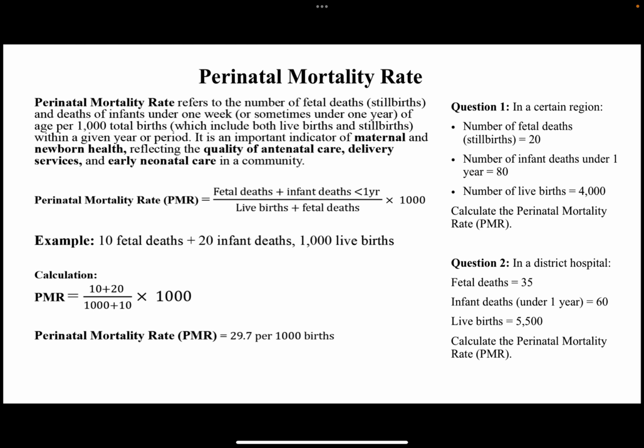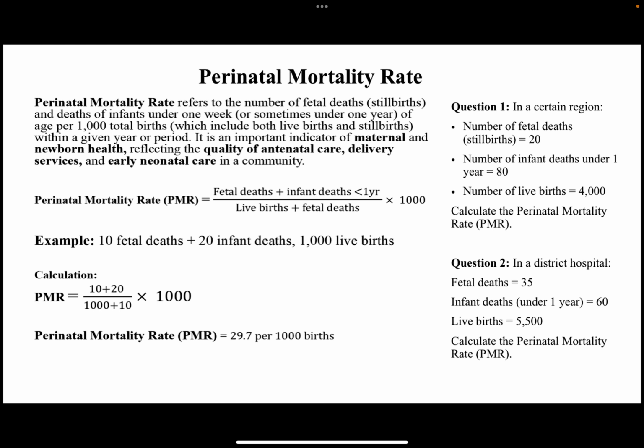In a district, fetal death is 35 and infant death is 60. What's the formula? So the numerator is going to be 35 plus 60, which is 95. Now let's do the denominator. The denominator is live birth plus fetal death. Live birth is 5,500 plus fetal death is 35.